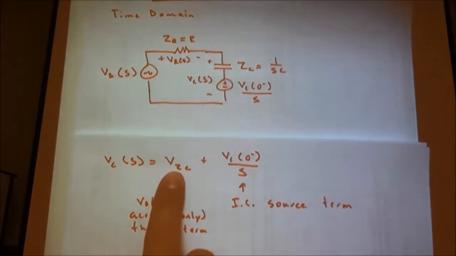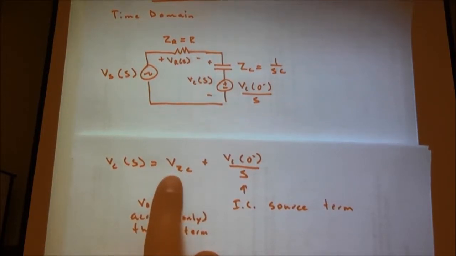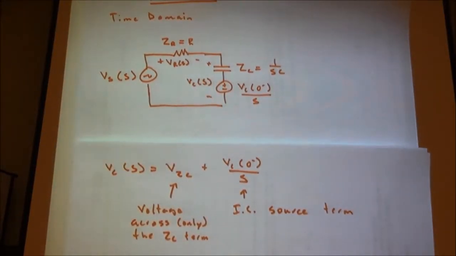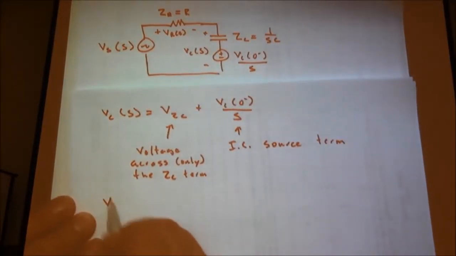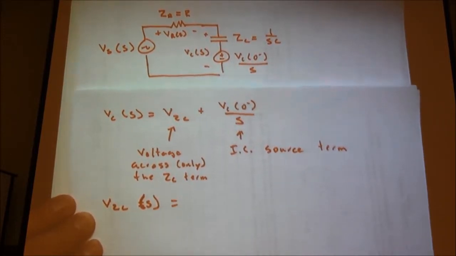Well, how do you find the voltage across this guy? We talked about this before break. Just the voltage across that component. What type of circuit is that? It's a voltage divider. So VZC, then, and here I can write of S if I want, though a lot of times I drop that.